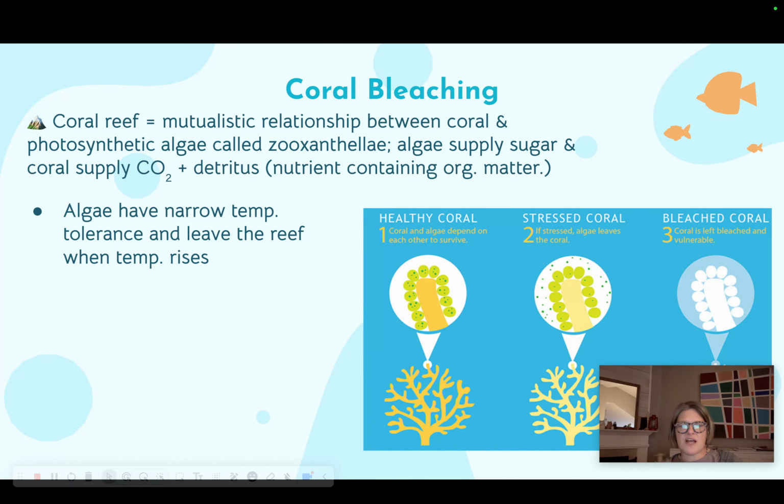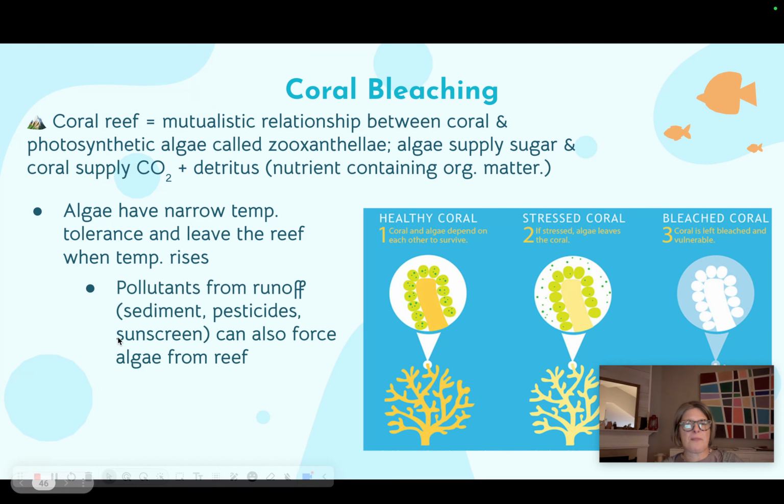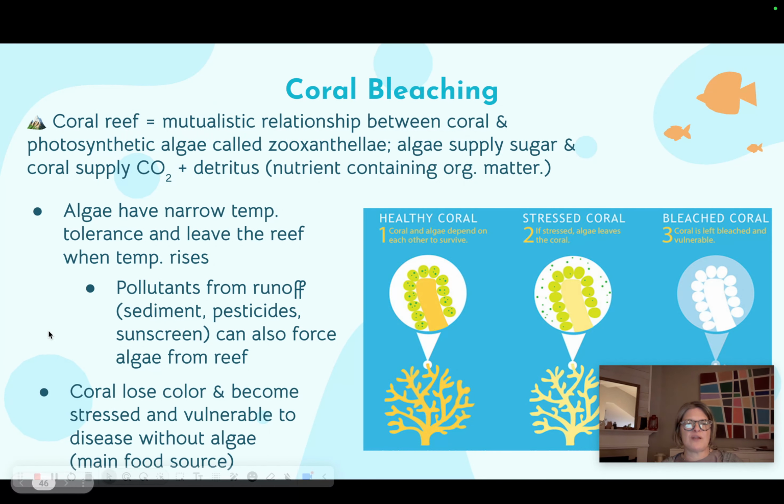So, coral bleaching. That's how coral reefs kind of survive based on these mutualistic relationships. Algae have a very narrow temperature tolerance, so their range of tolerance is quite narrow. And the algae that live in the reef ecosystem will leave the reef when the temperature rises. Another issue is that we end up with pollutants from runoff that can also force the algae to leave the reef.